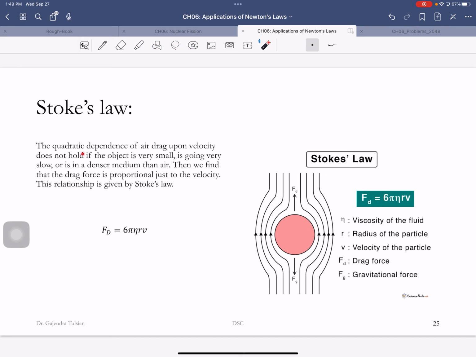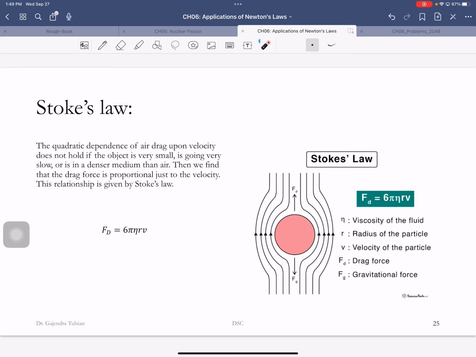The quadratic dependence of air drag upon velocity does not hold if the object is very small, very slow, or in a denser medium than air. Then we find that the drag force is proportional just to the velocity, and this is known as Stokes' law.